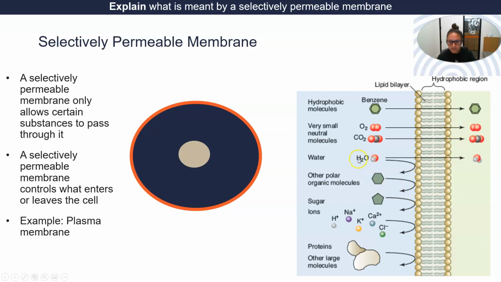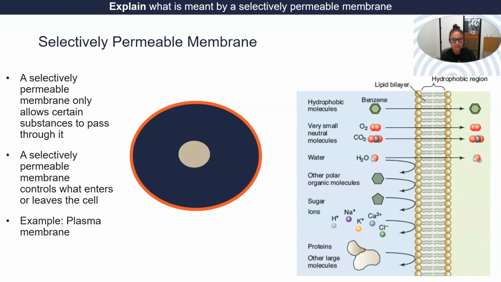Look at water. Look at this one, an organic molecule. Can that one go through? No. What about sugar? No. What about all of these? No. What about this one? No. So what I want you to understand is that the plasma membrane is picky and it only lets certain things into the cell.